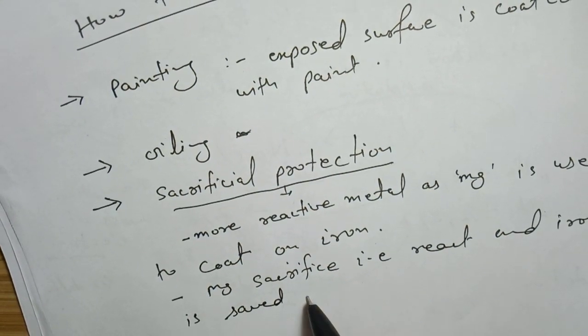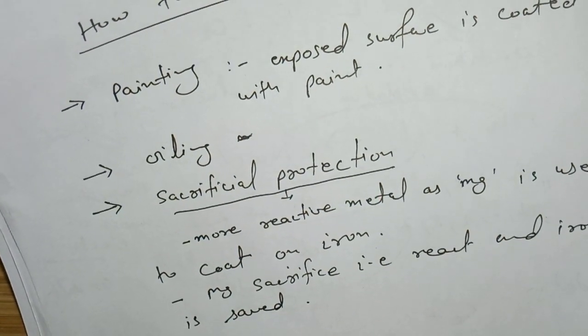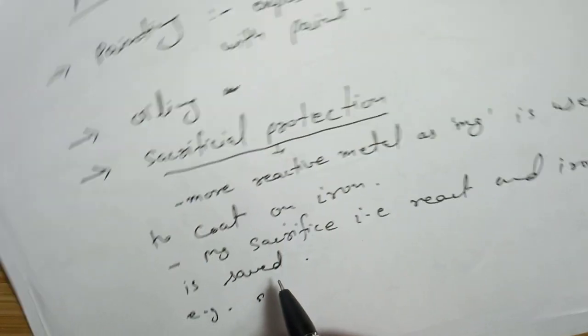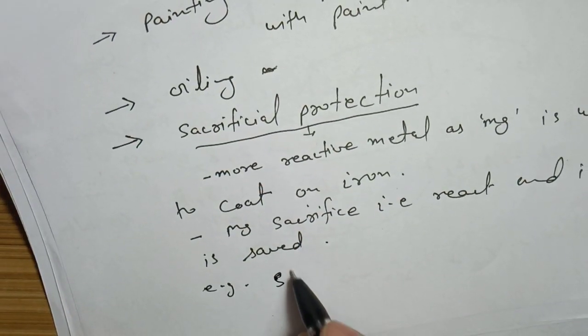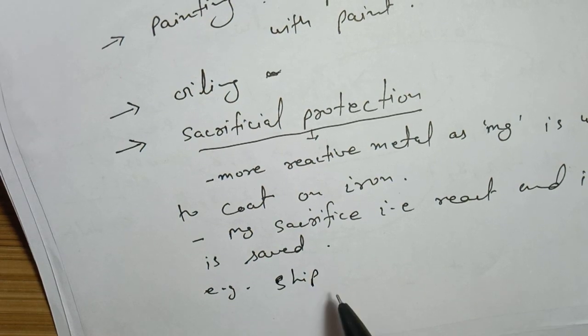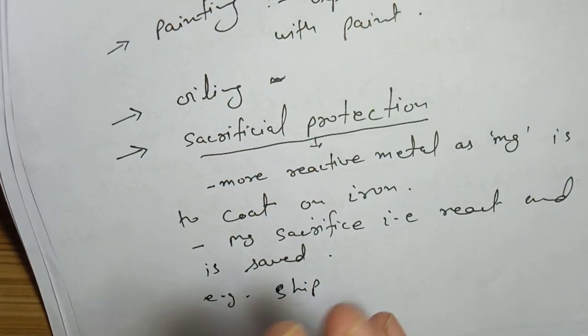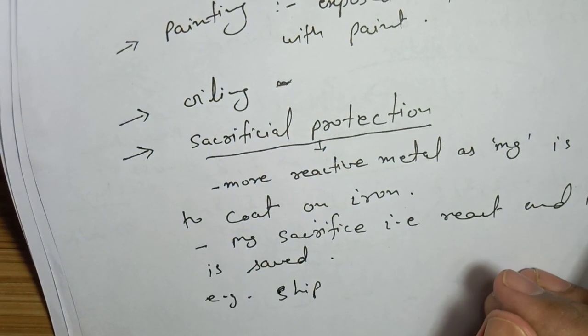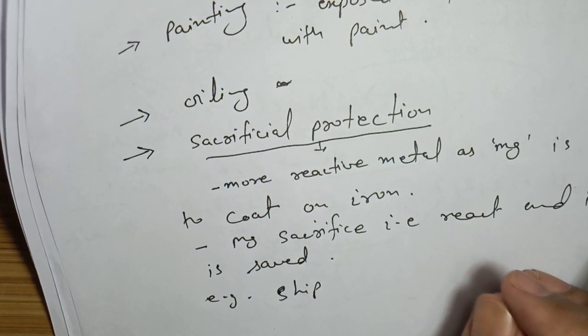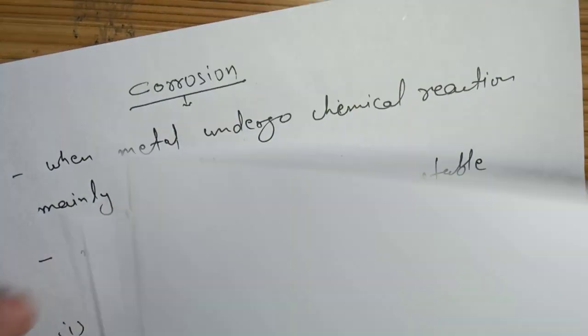An example of this is that it is usually used in ships. In a ship we can use that because you know the lower part is made up of iron and we need to protect it, otherwise it would be very costly to change the whole shape. So that's why we need to protect it.